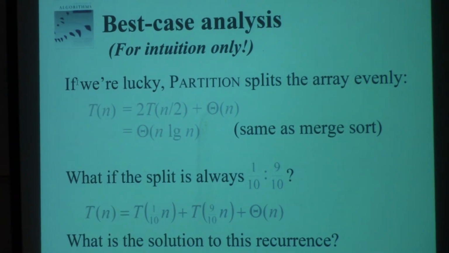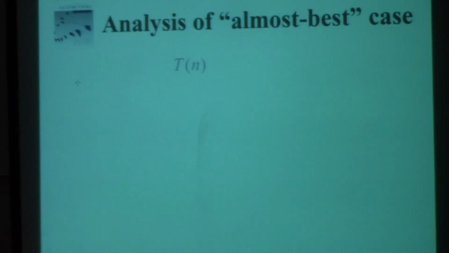Okay, so we're always going to split 10%, 90%. Is that realistic? No. Is that great sounding? Doesn't sound great to me. So T of n is going to be T of 1/10 n plus T of 9/10 n plus theta n. So here's the left branch, here's the right branch, and here's the partition at each level. What is the solution? So let's do it.